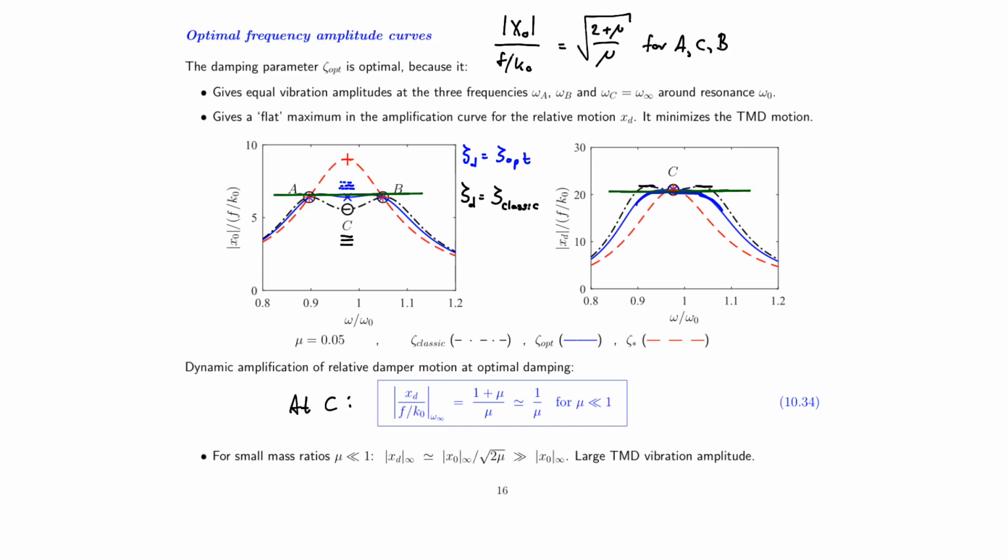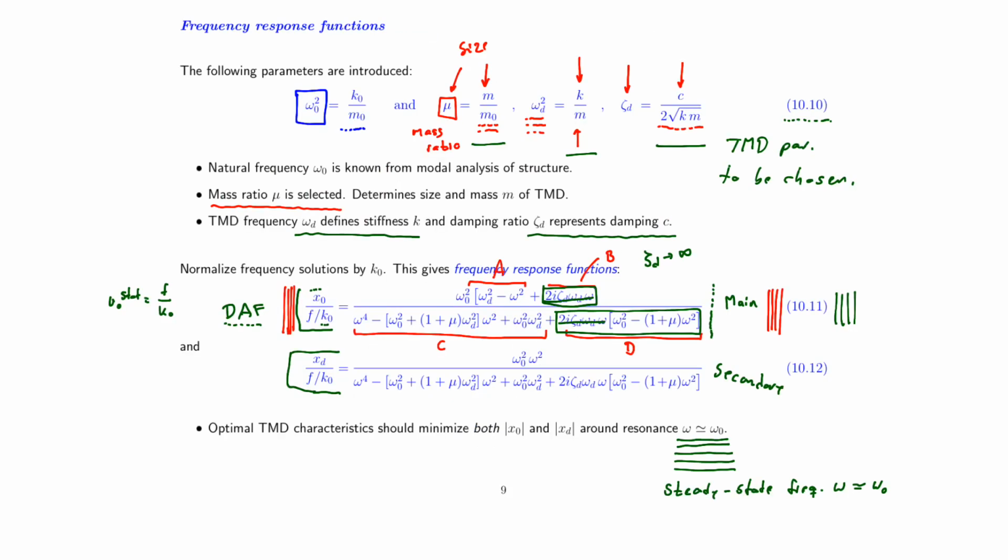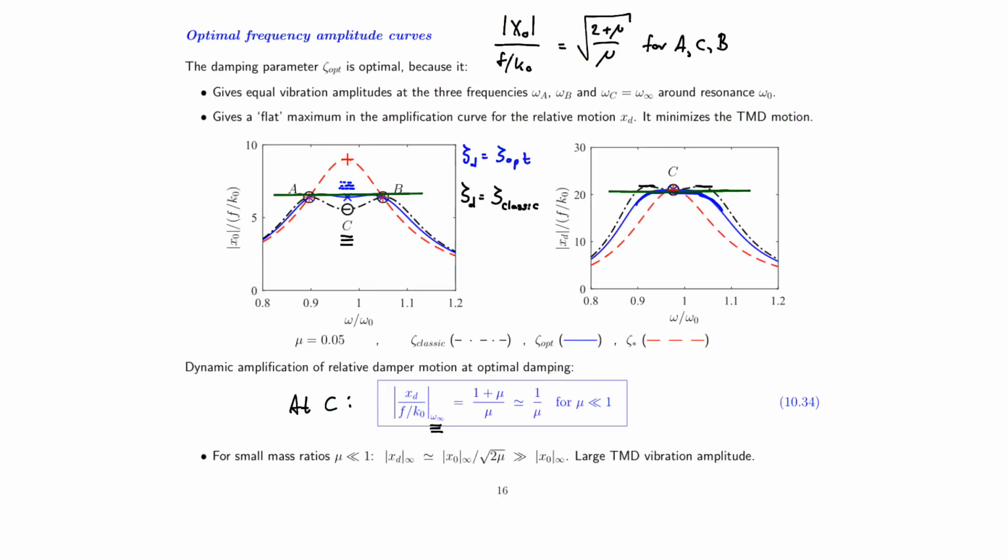And at C, that means for omega equal to omega infinity, from the frequency response solution to XD, the one we have in this expression here, we can find a very nice expression here in the blue box for the dynamic amplification at XD. And it turns out it is given as 1 plus mu divided by mu. And that means at C, we could try to make the comparison between XD and X0.